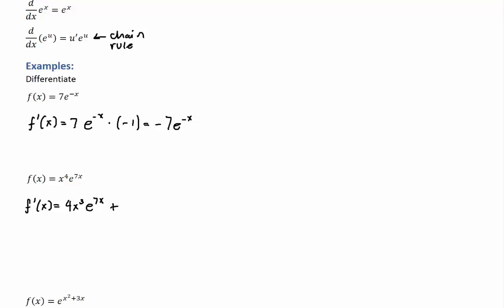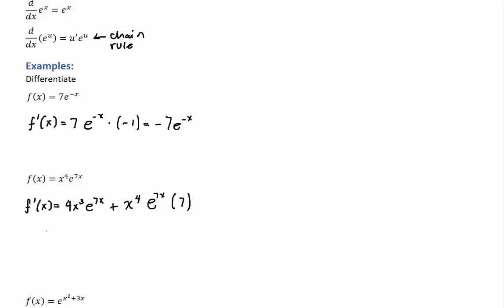Then plus, copy the first, times the derivative of the second. Derivative of the second, derivative of the exponential is copy the exponential, times the derivative of the exponent. The exponent is 7x, and the derivative of that then is 7.